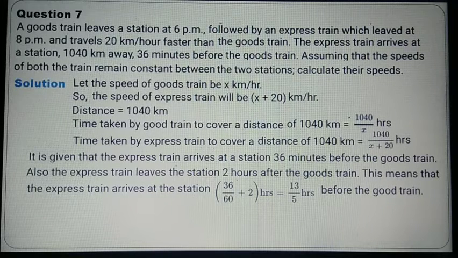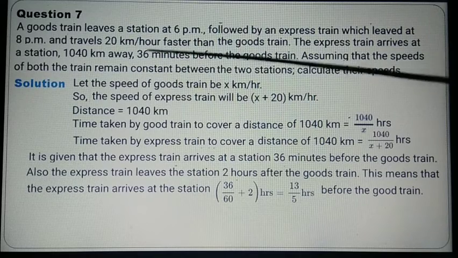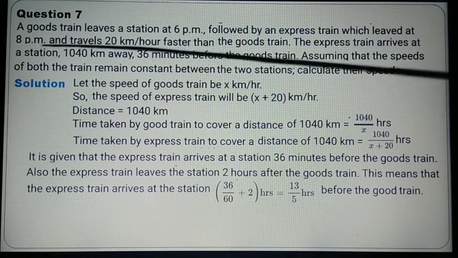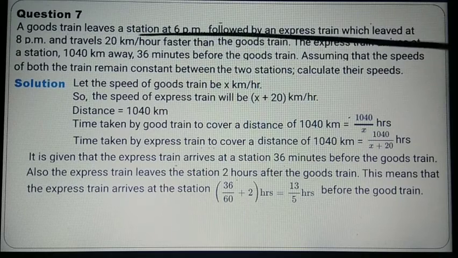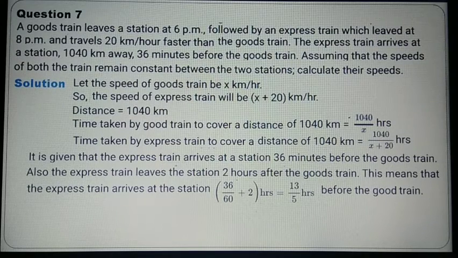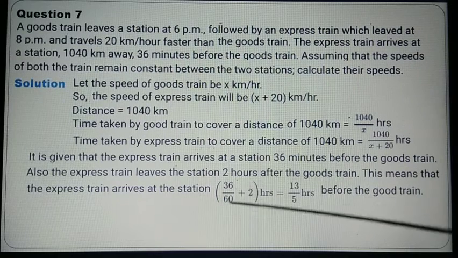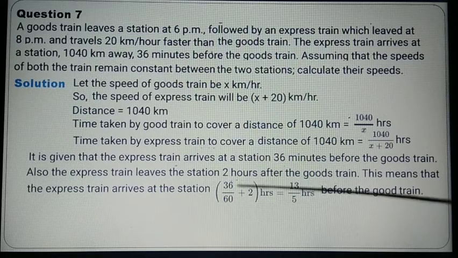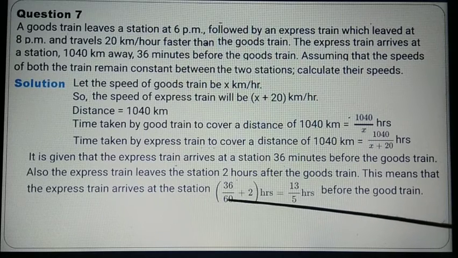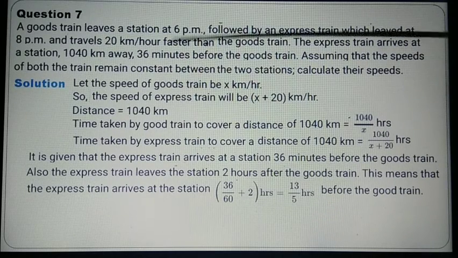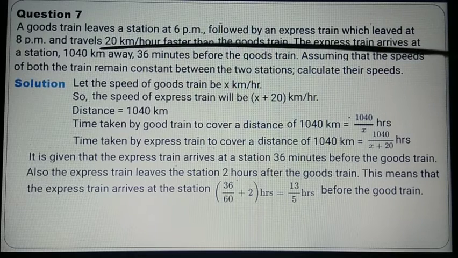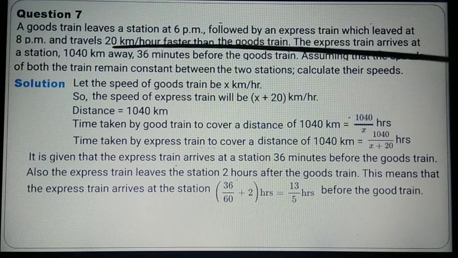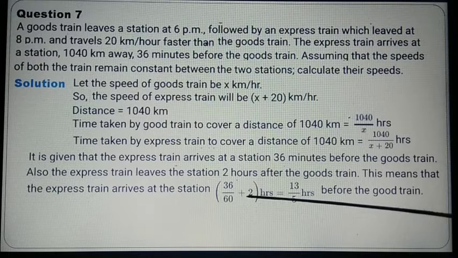the express train will take 36 minutes, that's already there, plus the 2 hours which is compensated if they are walking together. Okay, so it's going to be these many hours, that is, since this is given in minutes, so if I convert this into hours, so it will be 36 by 60, right, plus 2 hours, because express is running or starting 2 hours later, so that's why it has to be plus 2 hours.